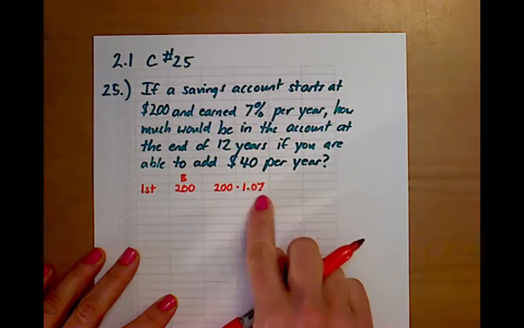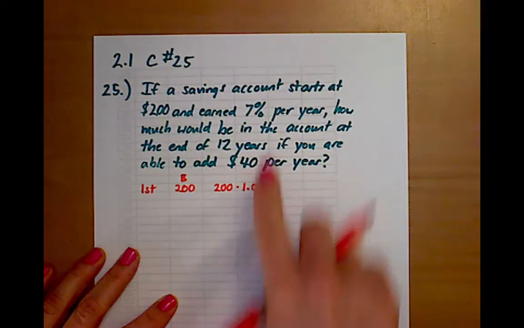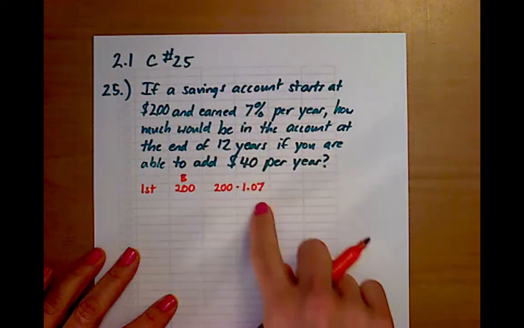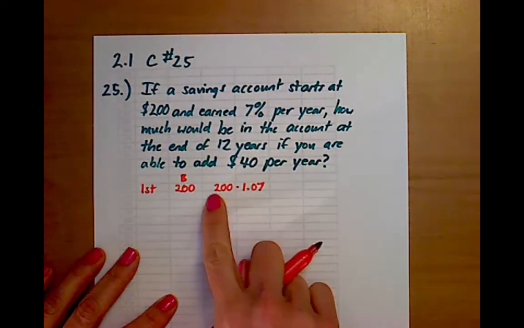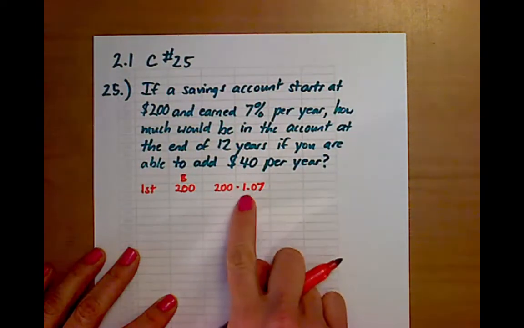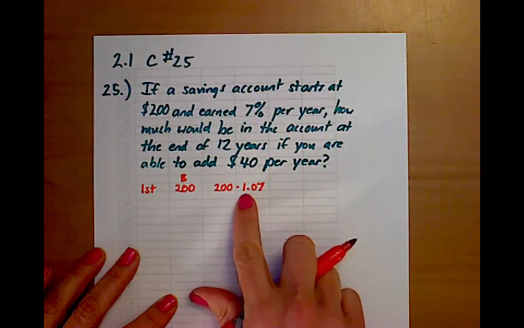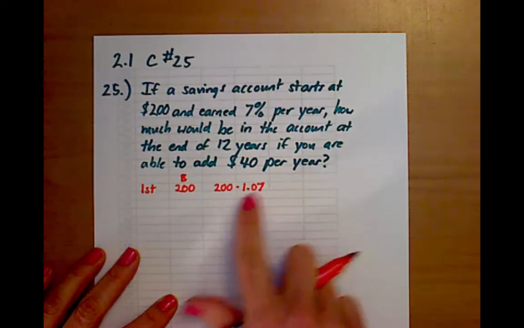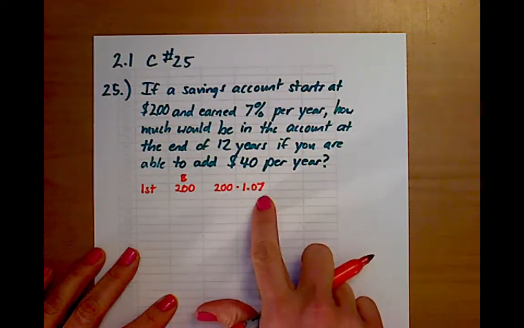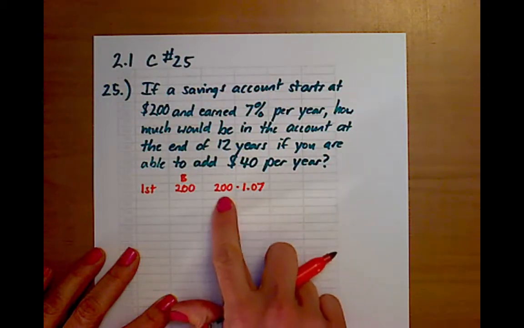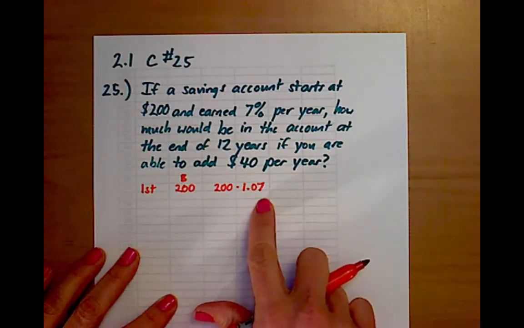The reason why we multiply it by 1.07, that 7 is 7%. We multiply it by 1 because we want the 200 plus 7%. When you multiply 200 times 1, you just get 200 back again. So when you multiply the 200 times 1.07, you get the 200 plus the 7%. It's kind of a cool way of adding 7% to 200.